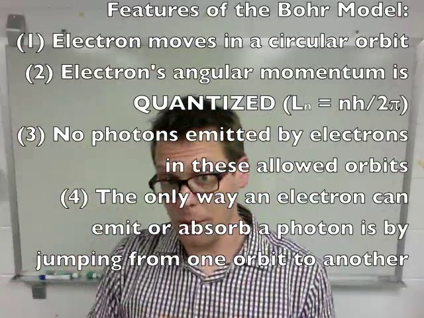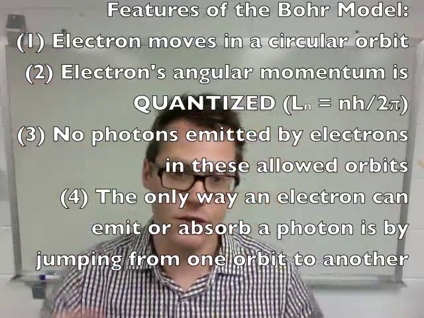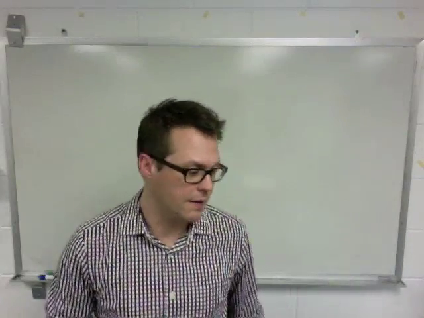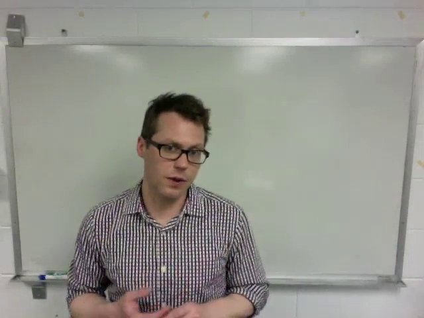It will absorb electromagnetic energy if it goes from a lower to a higher level. So it's only these transitions between energy levels that either emit or absorb radiation for one of these Bohr atoms. Okay, so those are the assumptions.